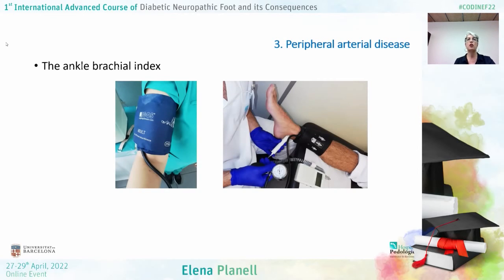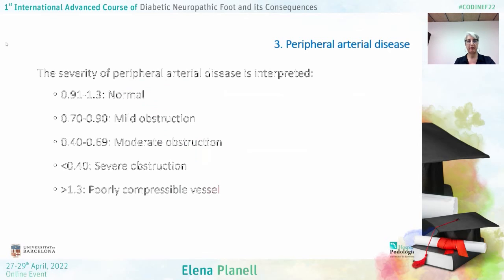It is the ratio of the highest systolic blood pressure at the ankle to the systolic pressure at the arm, and is measured using a Doppler device. Consider referral to the vascular specialist, especially in cases of moderate or severe disease.